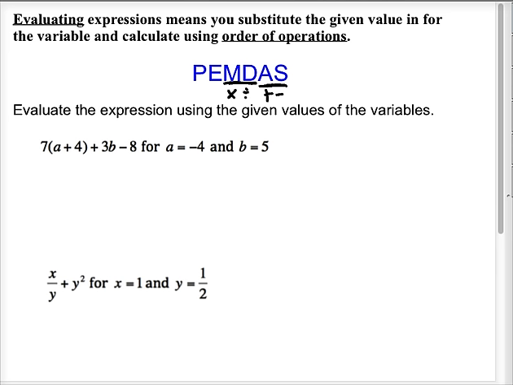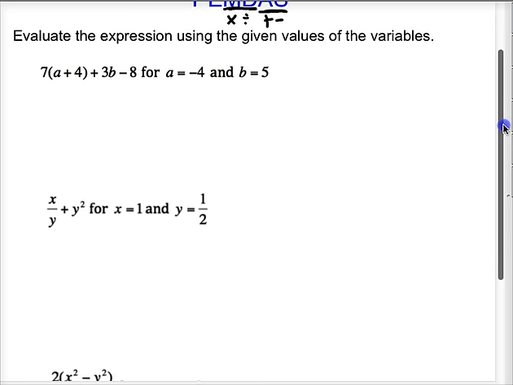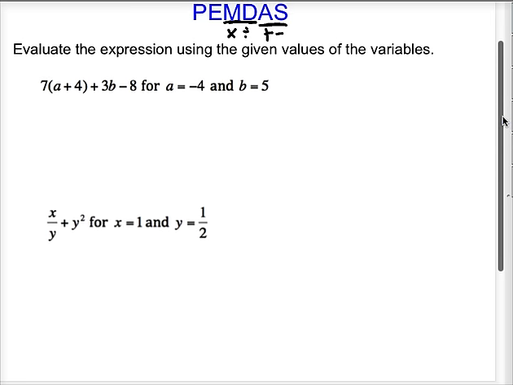So let's dive in and get some practice, shall we? So, evaluating expressions. Again, think PEMDAS. Now, here is something that will help you down the road. Today, it may seem a little bit silly and unnecessary.